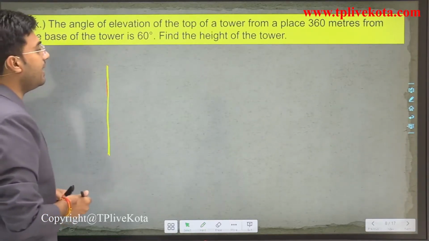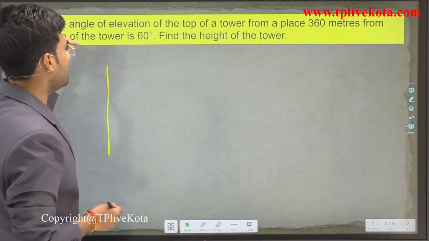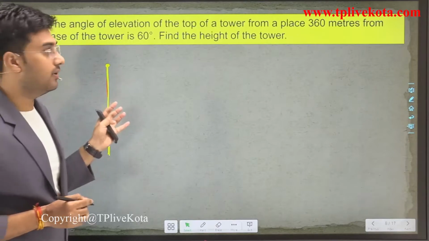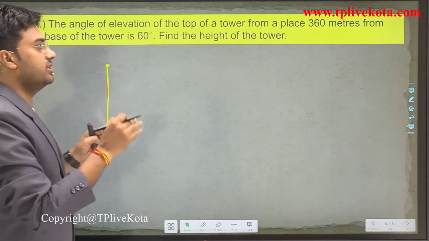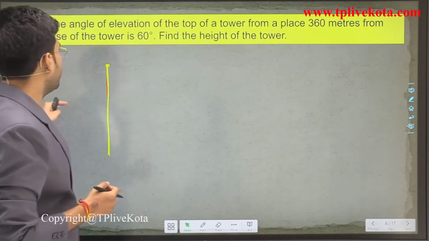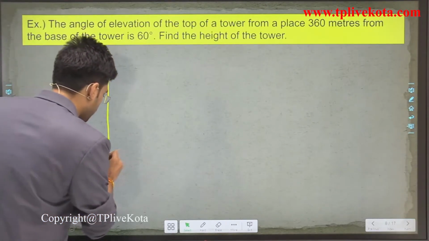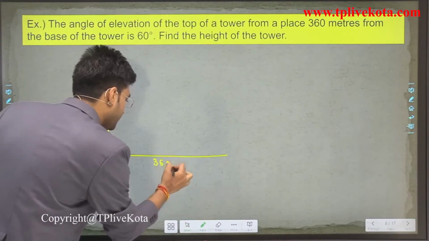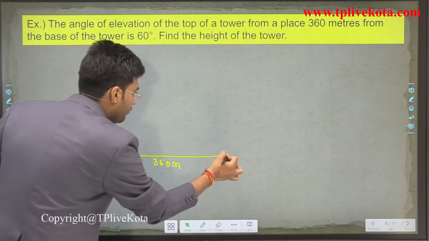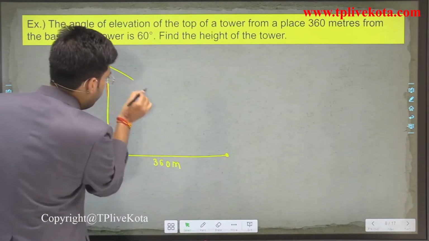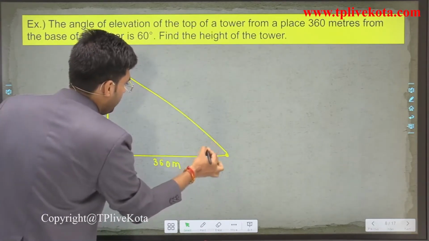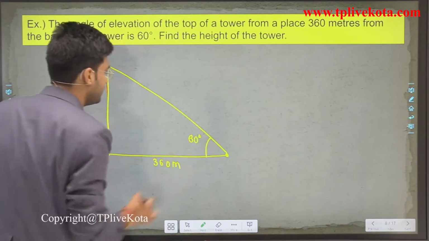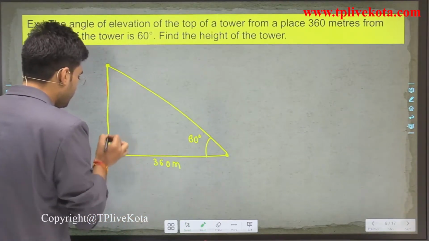The place is 360 meter from the base, and for this point the angle of elevation is 60 degree. This should be 90 degree.